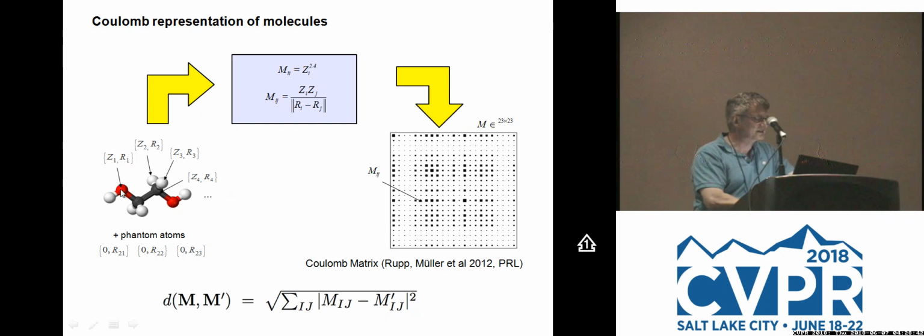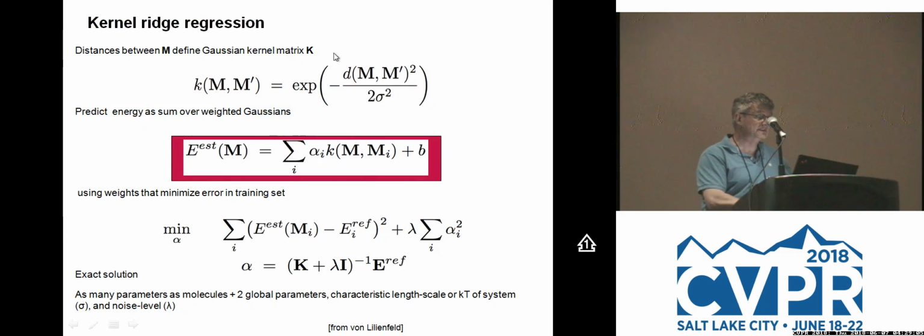So assume that we have this molecule, and we would like to represent it, and we take the Coulomb force between the ith and the jth atom and write it into a matrix. So then we have one molecule represented by one matrix. And then we take the Frobenius norm distance to compare them, and then you put it into a kernel matrix, and then you do a regression.